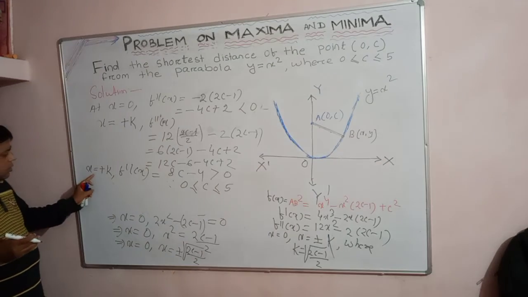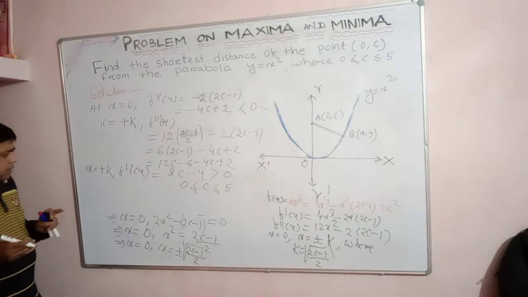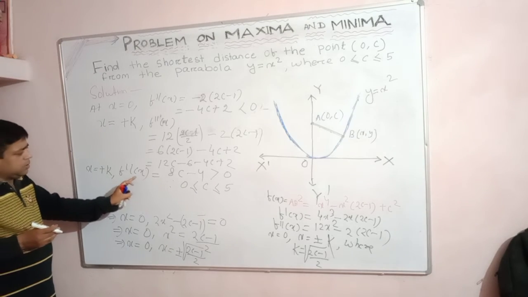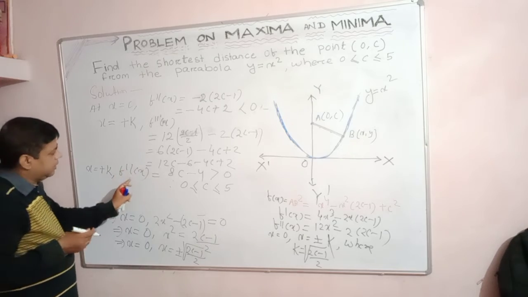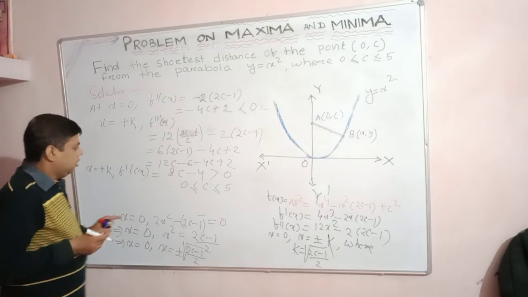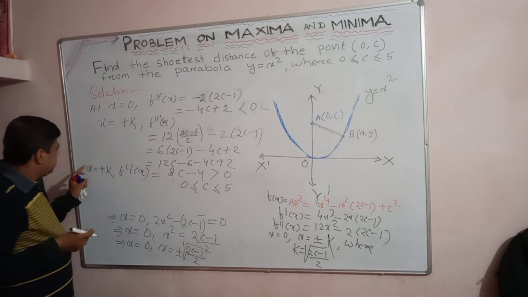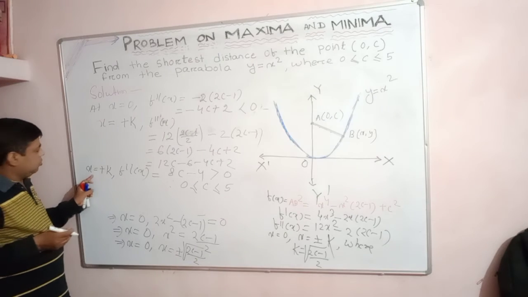So when x is equal to plus k, the second derivative is positive. So at this point, the function attains minima, since the second derivative is becoming positive. Understand?